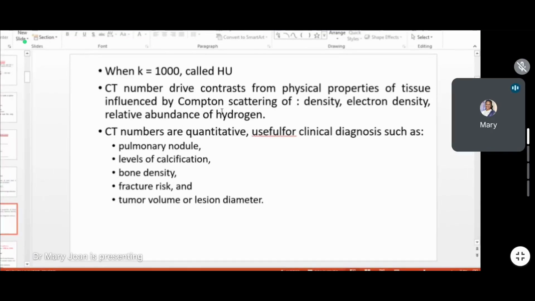We may not be able to distinguish these two as different entities because the CT number varies from -1000 to +1000. If the CT number of one tissue is -500 and another is +500, then we will be able to delineate between them better.